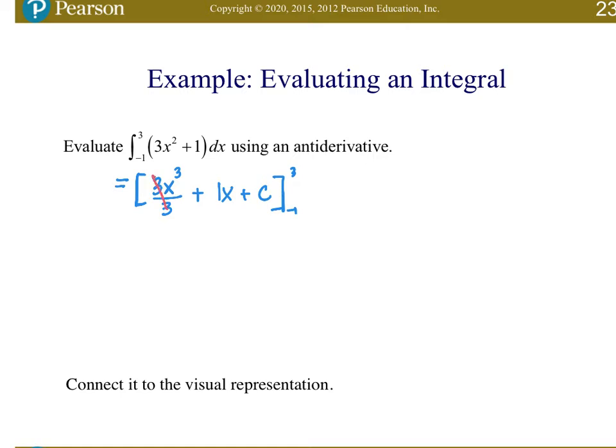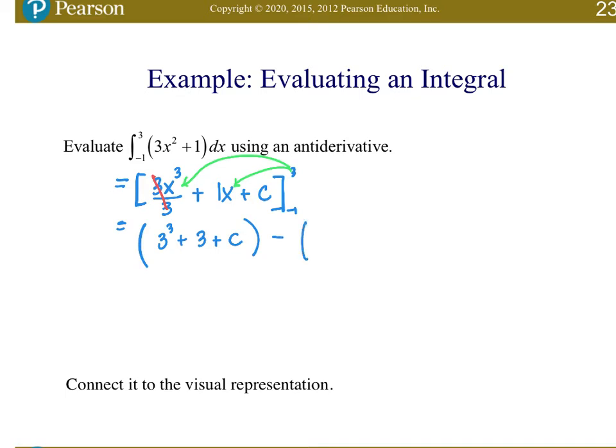So I can reduce here. So I just have x cubed plus x plus c. Okay, then I'll put parentheses, and I'm going to put the number 3 in for x first, and I put it into both parts of the antiderivative. And so that would become 3 cubed plus 3 plus c.